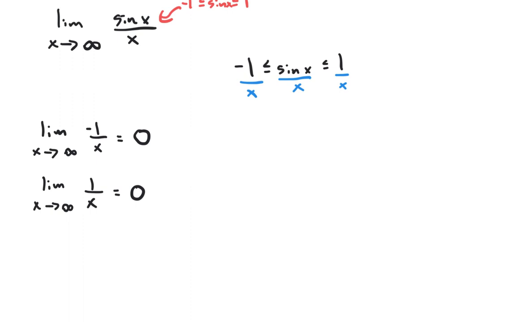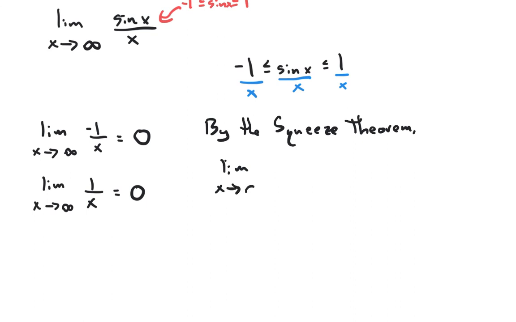So we can say that by the squeeze theorem, we have that the limit as x approaches infinity of sine of x over x equals 0. Those squeezing functions have the same limit, so the function that's being squeezed by them must also have the same limit.